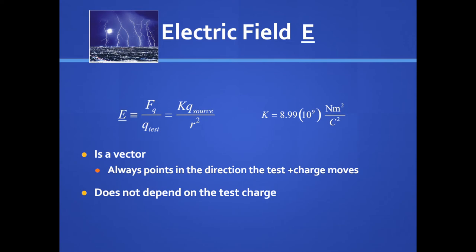Fields get weaker, all fields, doesn't matter what type, get weaker the farther away from the source you are. Earth's gravity gets weaker the farther away you are from Earth. Similarly, the field created by a charged particle gets weaker the further that you go from that particle. So all electric field calculations are from a certain location.